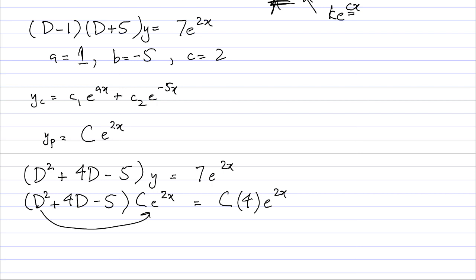Then you have plus 4C when you are acting this on that. So 4C can be brought out, and D acting on e raised to power 2x brings down another factor of 2, and you have e raised to power 2x as it is.